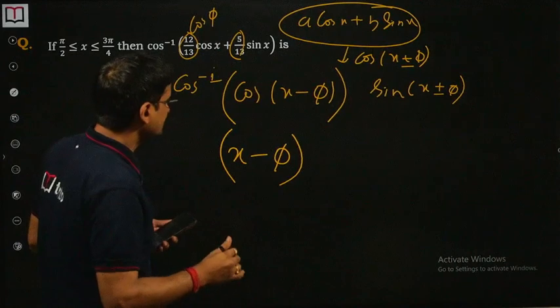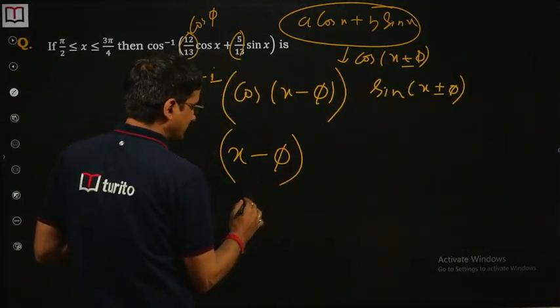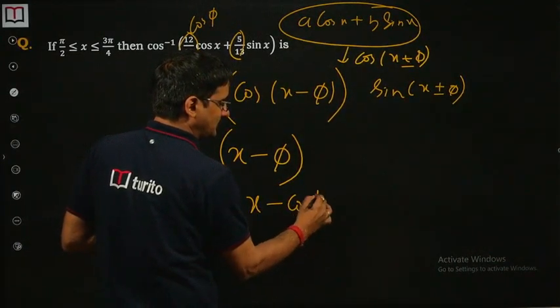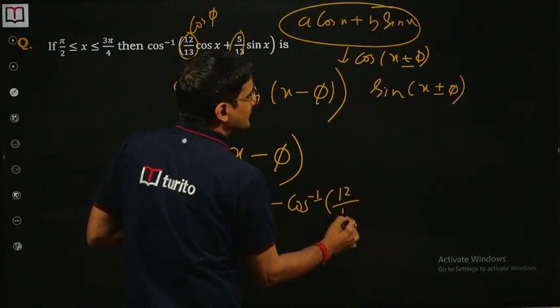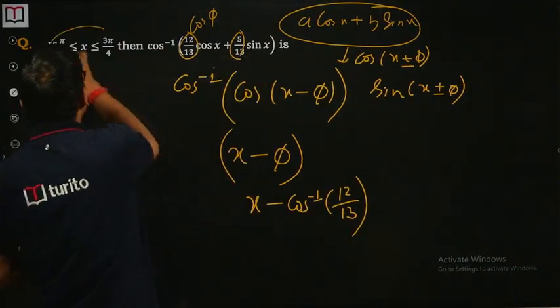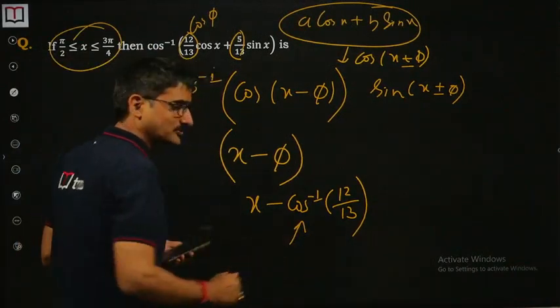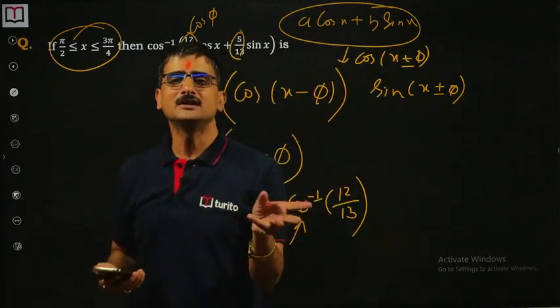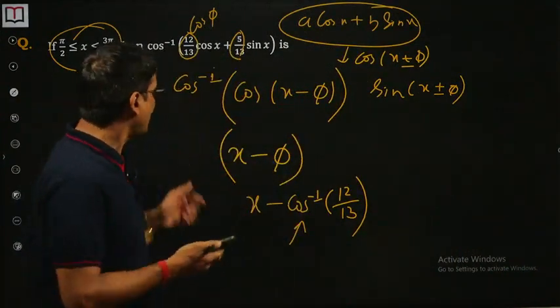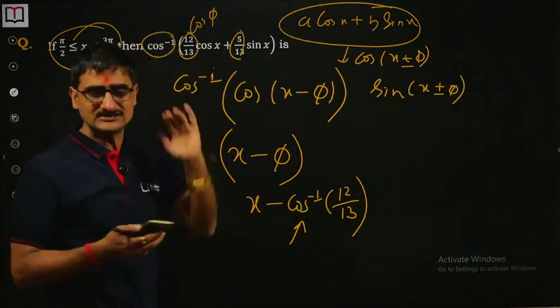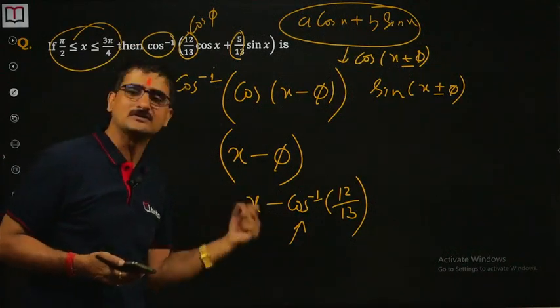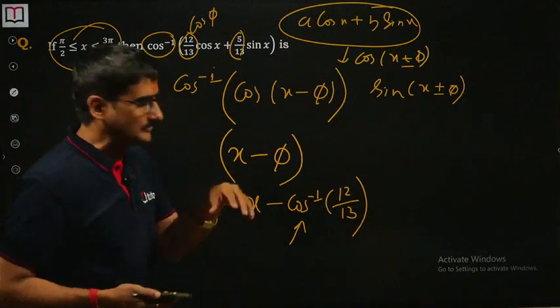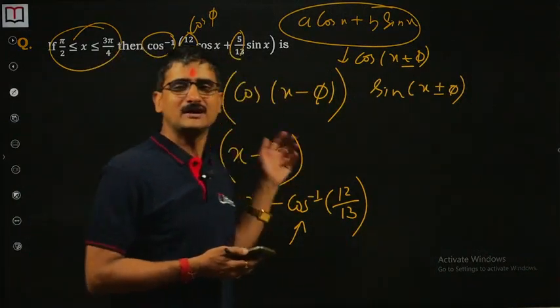Now it's x minus cos inverse of 12 by 13. They have given a condition, and that satisfies it, because 12 by 13 is positive. Cos inverse will be in the range 0 to pi by 2, and the range of cos inverse has to be between 0 and pi. So this is positive because x is greater than pi by 2. You may ask why they have given it.